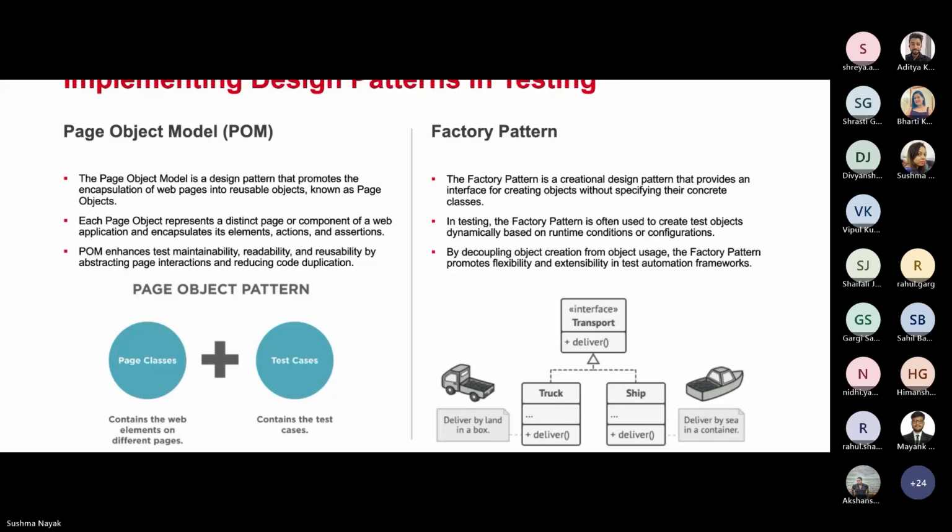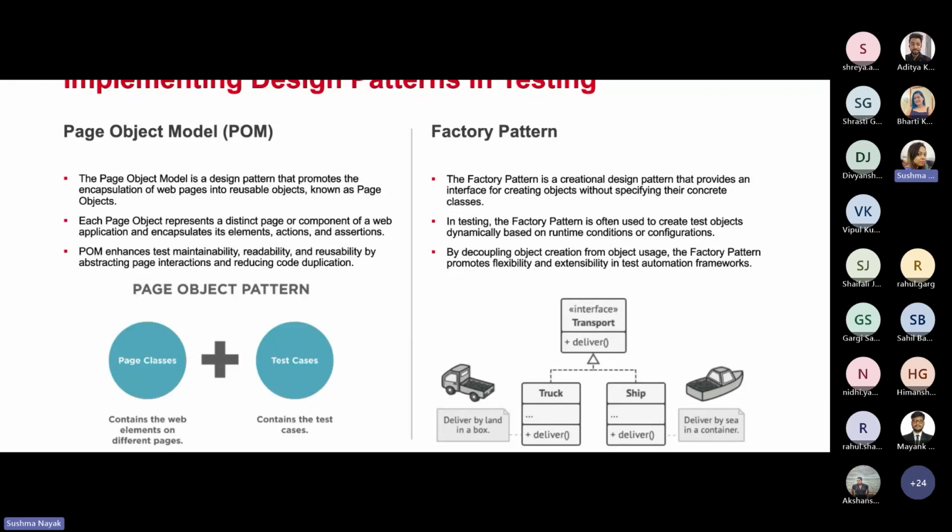Now, how are we implementing it? We'll define the product interface first, so create an interface or an abstract class to define the common methods that all products must implement. So here we'll be creating an interface, and then putting the common methods there.